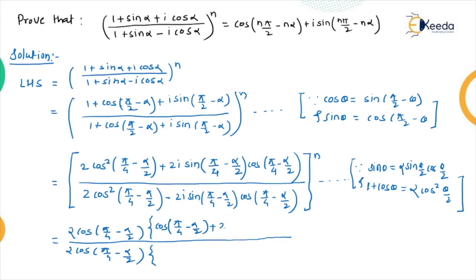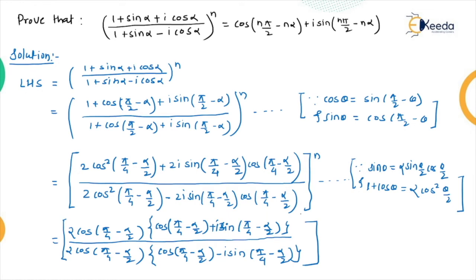In the denominator, the remaining term is cos of (pi/4 minus alpha/2) minus i sine of (pi/4 minus alpha/2), again with 2 common. The bracket is complete, and the total bracket power remaining is n.